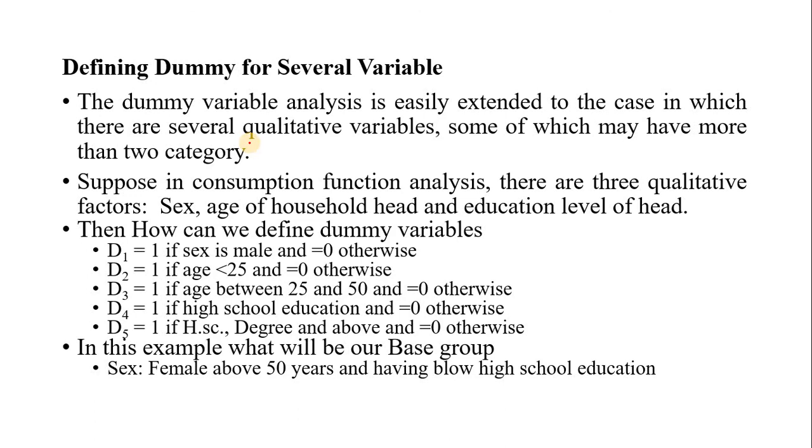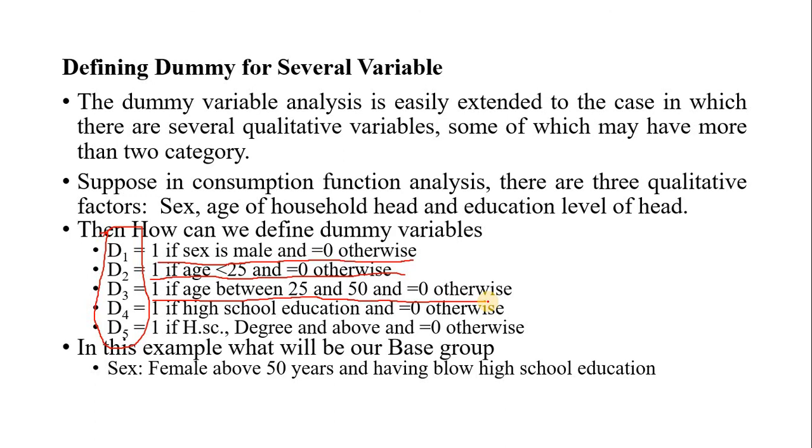Okay, now we can include as many dummy variables as we want. Look here, I am assigning 5 dummies. In this, d1 is for the sex variable: male 1 and 0 otherwise. d2 is 1 if age is below 25, 0 otherwise. d3 is 1 if age is between 25 and 50, 0 otherwise.